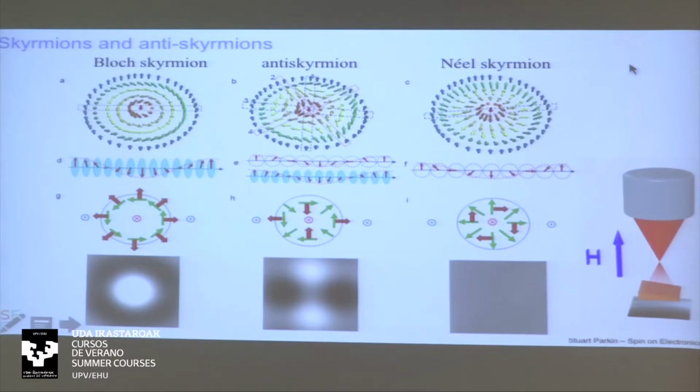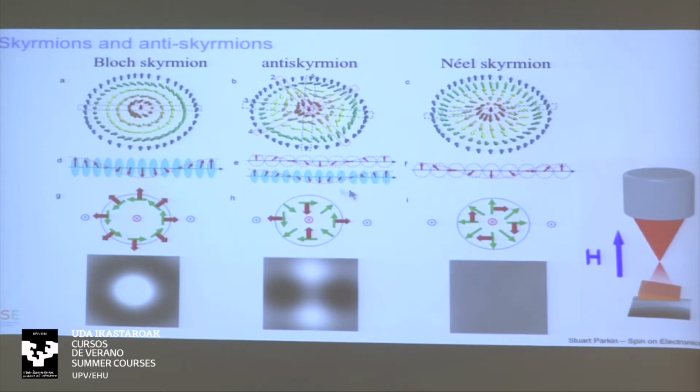On the other hand, in a Néel skyrmion, because of the different form of this chiral wall, the electron beam is moved around the circumference. So basically, the electron beam is moved around the circumference, so nothing happens, and you see nothing in the case of a Néel skyrmion. So I want to talk not about Néel or Bloch skyrmions. I want to talk about antiskyrmions.